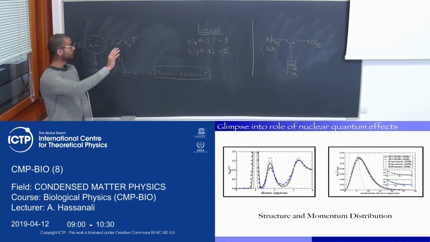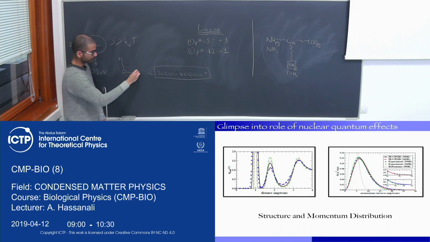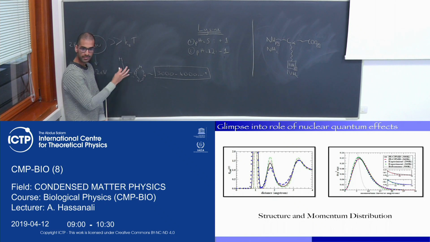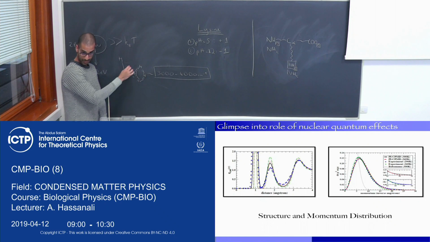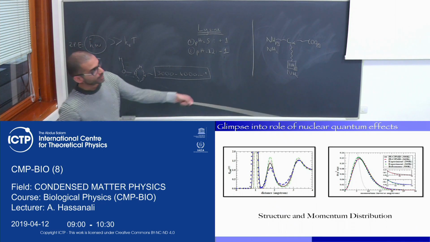In the classical world, this is zero. It's not there. However, when you have quantum effects there's some uncertainty. Heisenberg's uncertainty. The proton has its characteristic thermal de Broglie wavelength, and that de Broglie wavelength gives it some uncertainty, and so there's a spread here of distances, and so this tends to be more delocalized, and that's why you see that.